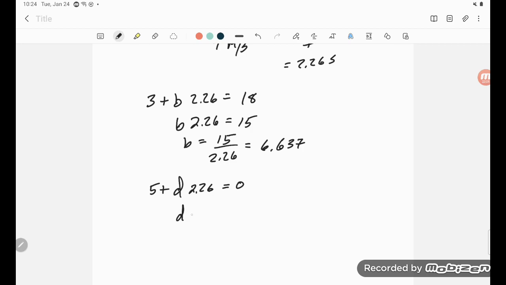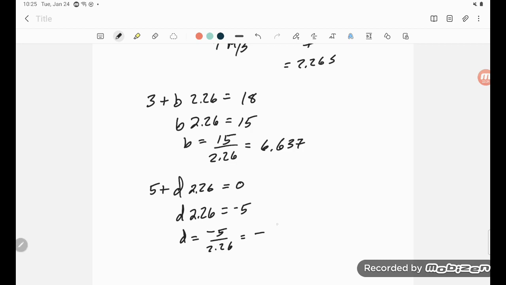So D times 2.26 is equal to -5, and D is -5 over 2.26, which is negative and should be near -2.21. What do we get? -5 divided by 2.26.